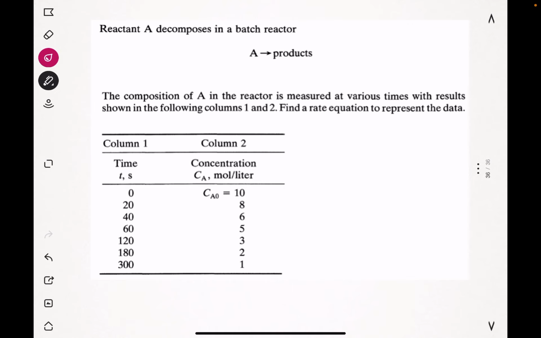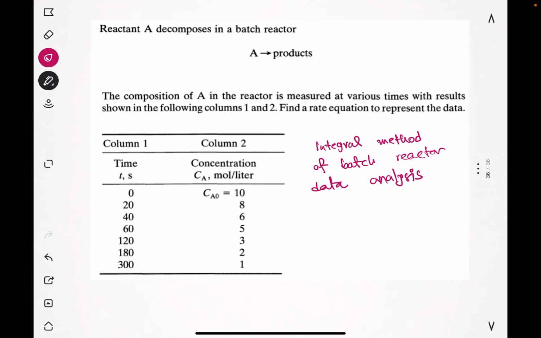So our approach would be, so far we have seen integral methods of batch reactor data analysis. So we'll be using that for this particular reaction.